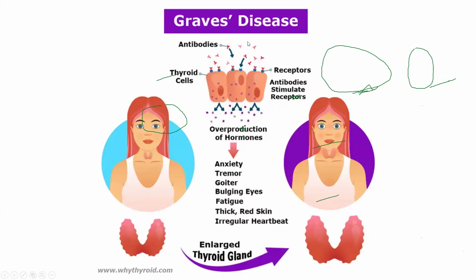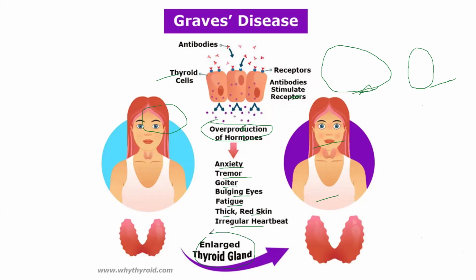The antibodies bind with the receptors of TSH, and production of the hormones of the thyroid gland takes place, and it results in anxiety, tremors, goiter, bulging eyes, fatigue, thick red skin, irregular heartbeat, and also enlarged thyroid glands.